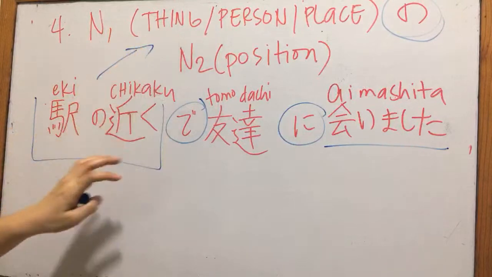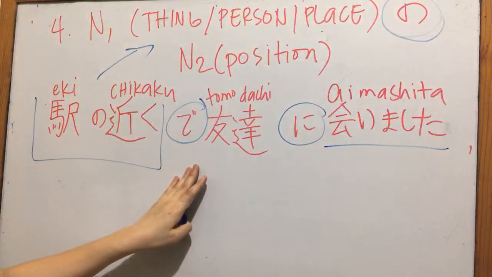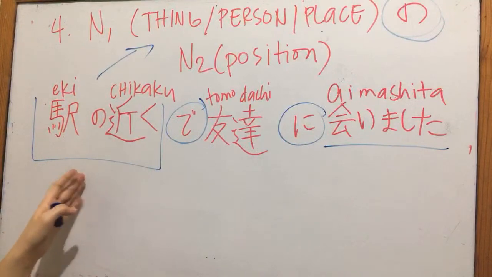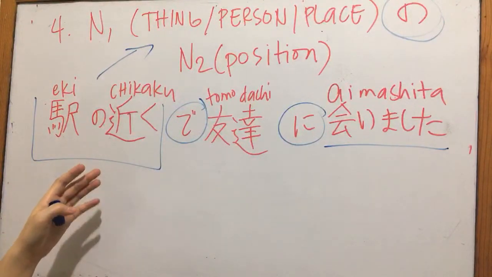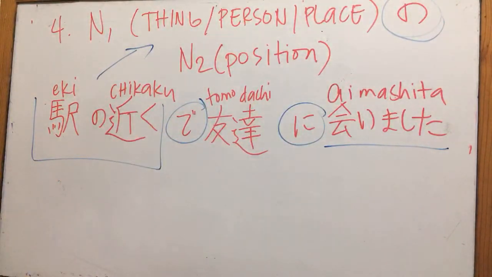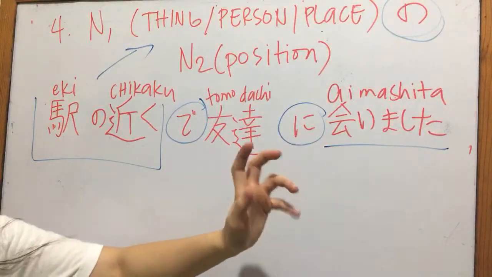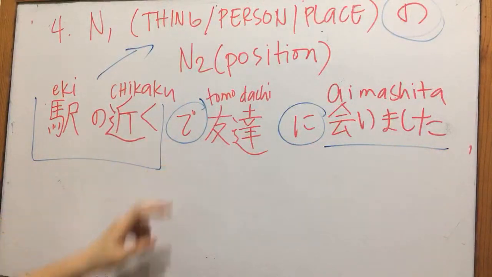So that is Eki no chikaku de tomodachi ni aimashita. So this is the place of action, the place where you two meet. So that's not arimasu or imasu. That's why in here we use de. So this means in English that I met a friend near the station.